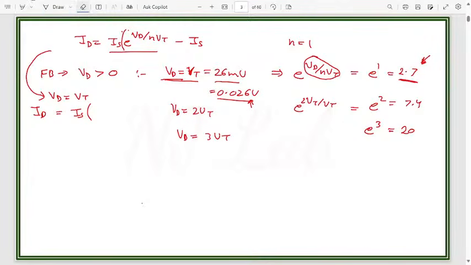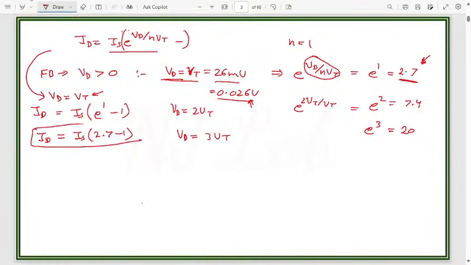Presently, we do not need to open the brackets. So it is Is into e power 1 minus 1, that is Id equals Is into 2.7 minus 1, and this is true for just this very small amount of voltage.